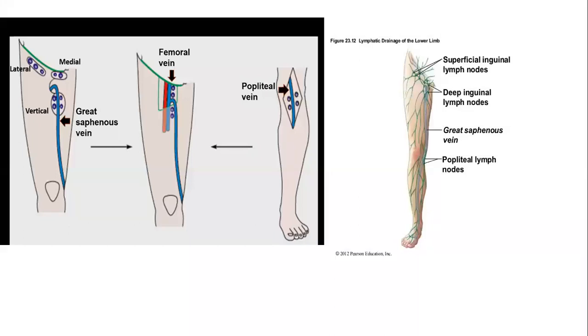They are almost 1 to 20 in number, and they are further divided into two groups, a superficial group of inguinal lymph nodes and a deep group of inguinal lymph nodes. The superficial group further comprises two groups, vertical and horizontal. The horizontal group of lymph nodes comprises two members, lateral and medial members.